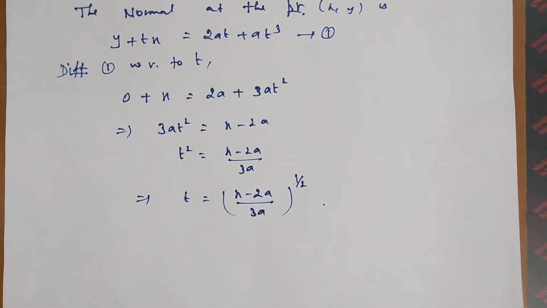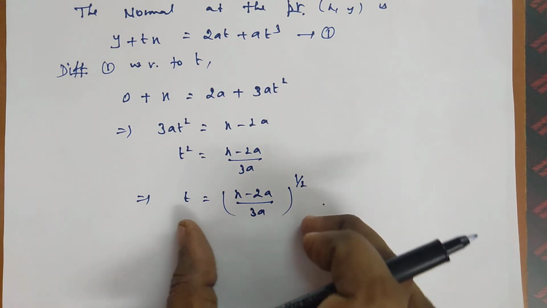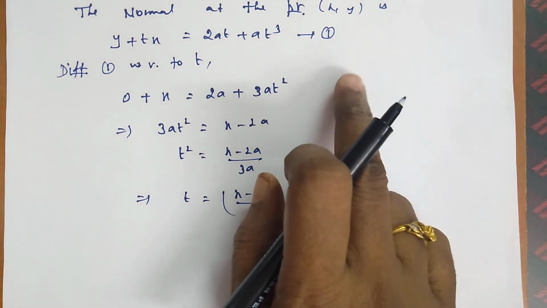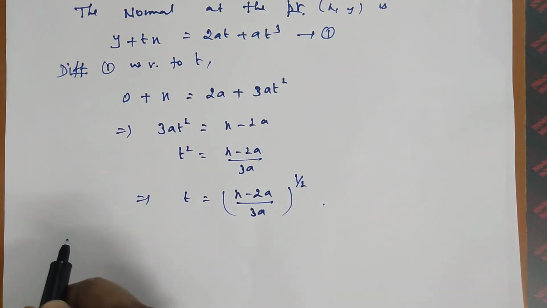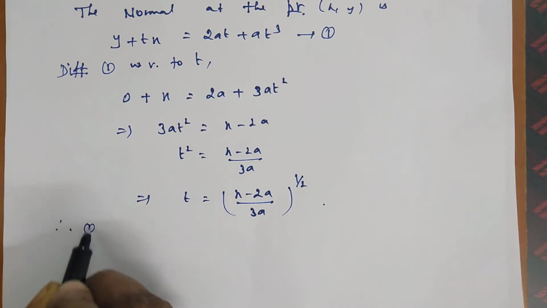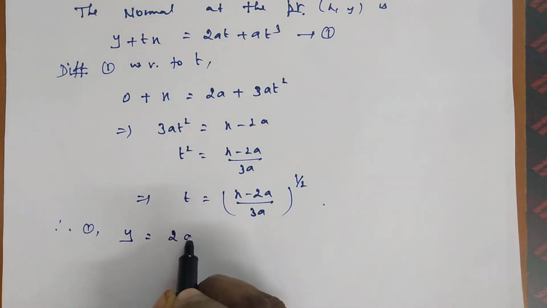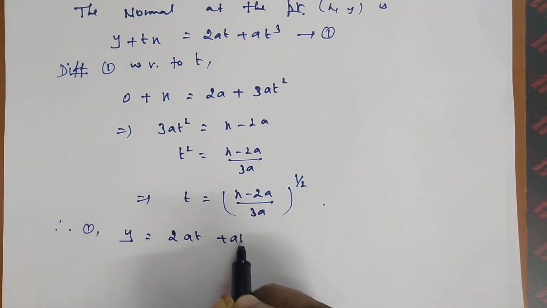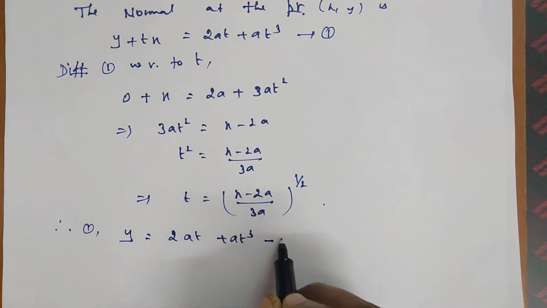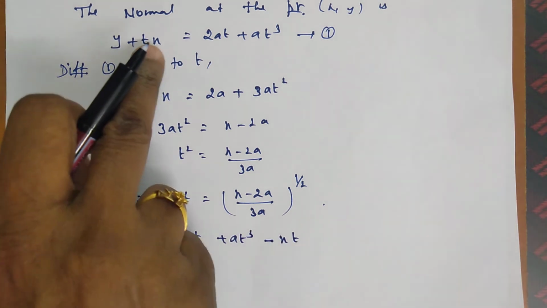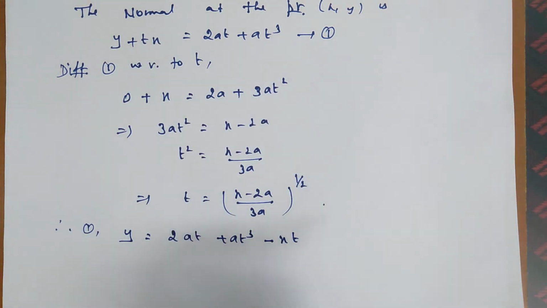Now we substitute the t value in equation 1, the normal equation. From equation 1, y is equal to 2at plus at cube minus xt. The term tx comes to the right hand side.